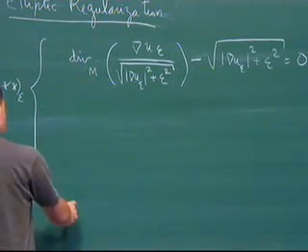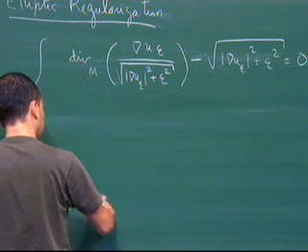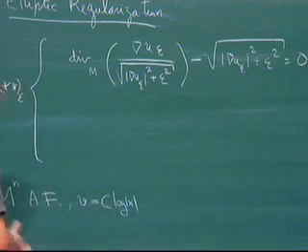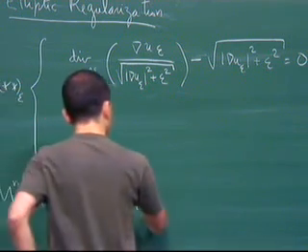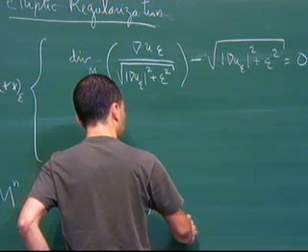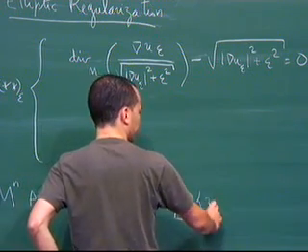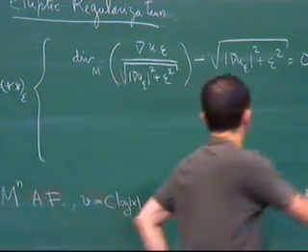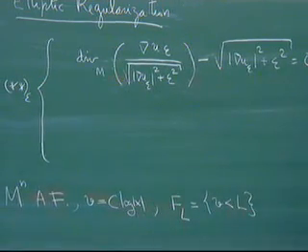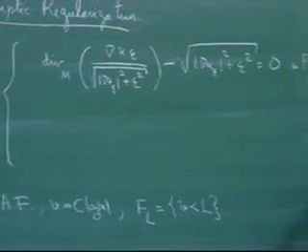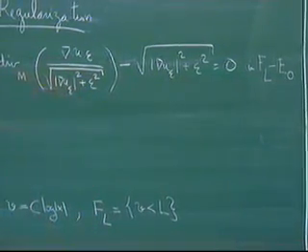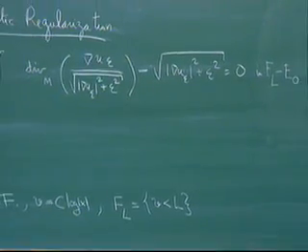So what you do is that you choose a function v to be c times log of norm of x, where c is some constant appropriately chosen, and then you define FL to be the set of points where the function v is less than L. So the idea is that I want this equation to be satisfied in FL minus E naught. E naught is my initial condition, so that's this kind of annulus, right, in between the two regions.